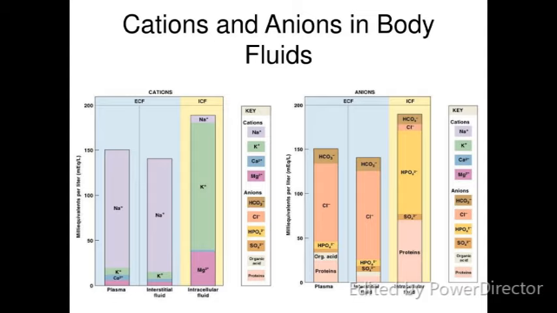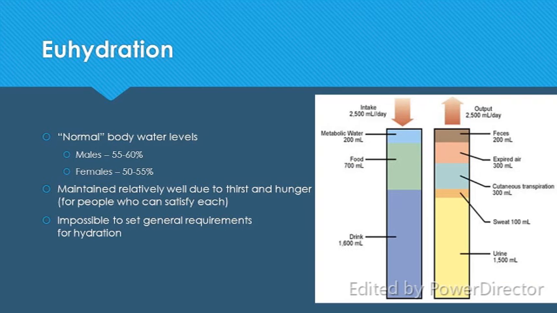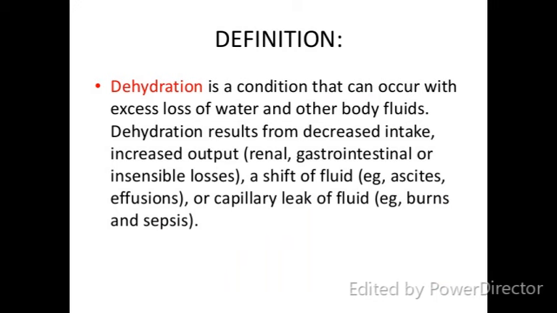So what are the two main states of hydration? Euhydration is defined as the normal state of body water content. This oscillates during the day due to water losses and gains. The other is dehydration, well known, and the process of water being lost.